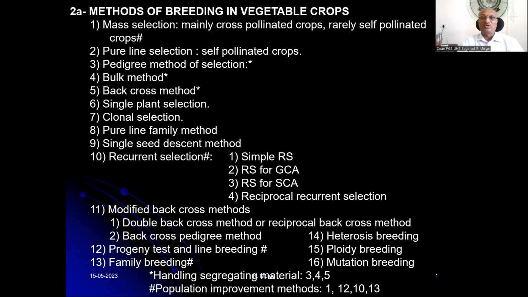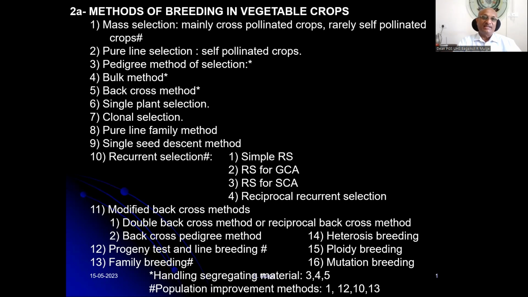Like, if you want to go for recurrent selection for GCA and SCA, you can improve self-pollinated crops also. Of course, GCA and SCA are more meaningful for cross-pollinated crops than self-pollinated crops. But still, there are hybrids in self-pollinated crops. Heterosis breeding is also used in self-pollinated crops, so this scheme can give the material for that heterosis breeding, whether it is a self or cross-pollinated crop.